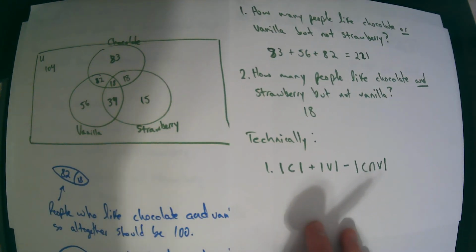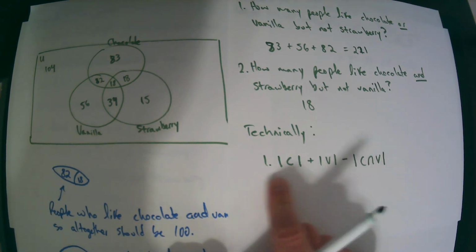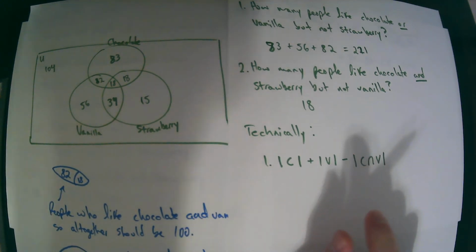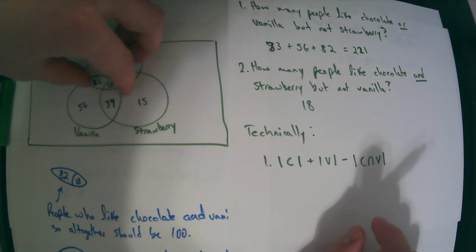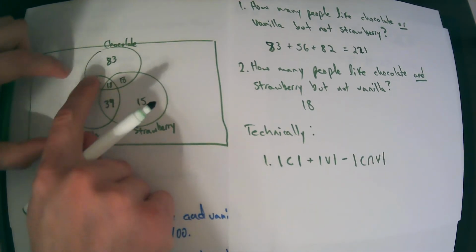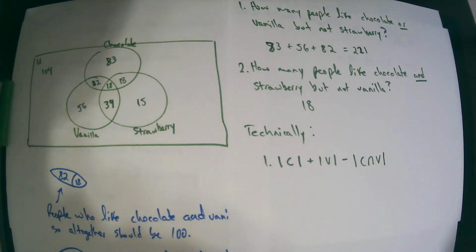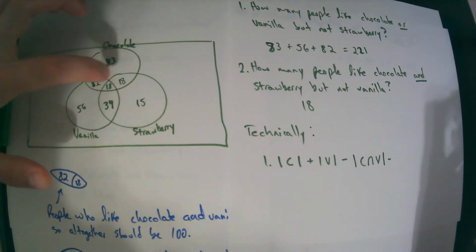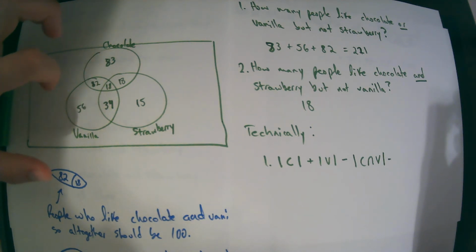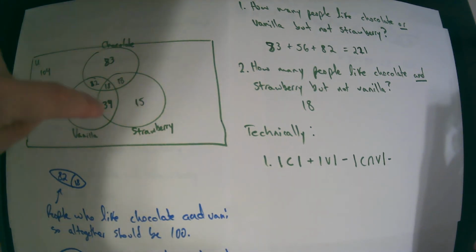Okay, so looking here, this is just the inclusion-exclusion principle working here. That would be the union of C and V, so all of C plus all of V, and then taking out that part that would be double counted. But now we also want to exclude these 3 positions, these 3 strawberry spots, right?